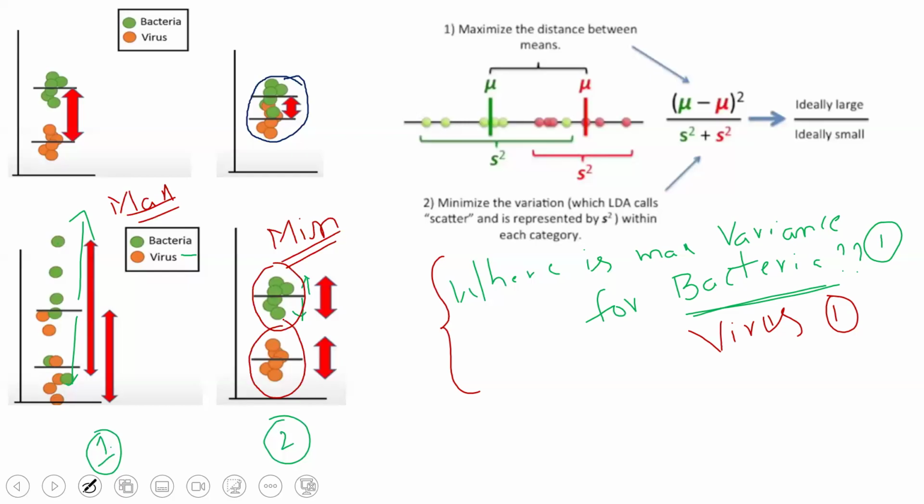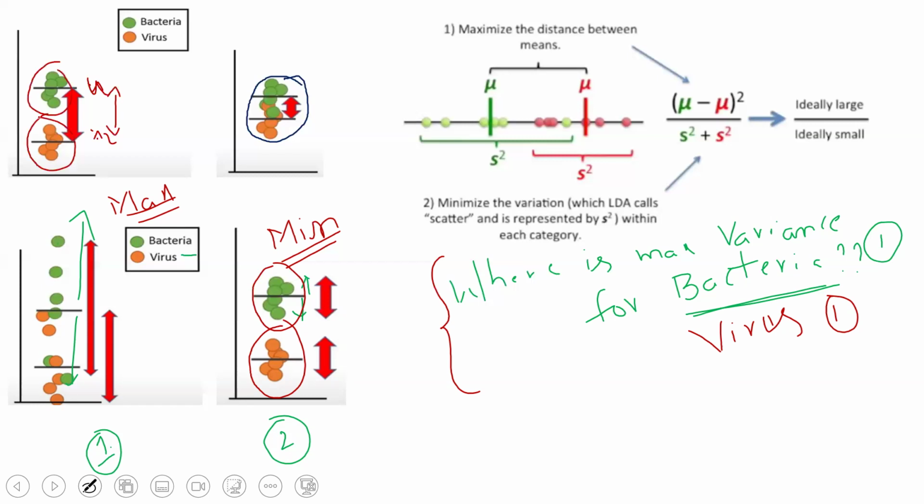So to achieve the goal, we have to do two things. One is maximizing the distance between the means of each category. This is the mean of the first category and this is the mean of the second category. As the distance between these means increases, the categories are separated effectively.